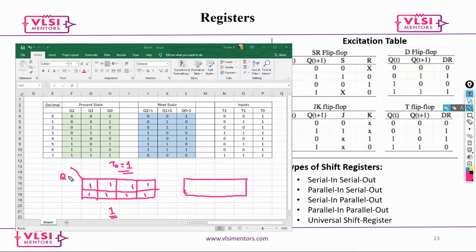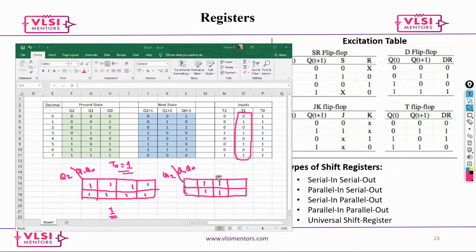So this is going to be Q2, Q1, and Q0. Now, 1 here, so 3 is going to be 1, and 5 is going to be 1 here, and 7 is going to be 1 here.